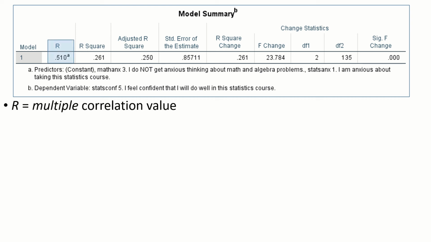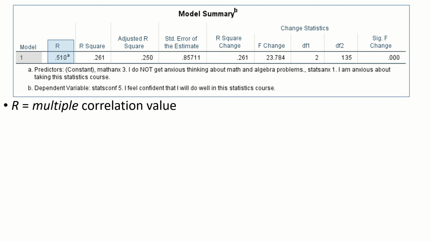So let's first take a look at the R value here. You'll notice that we no longer have a lowercase r, we have an uppercase R. Lowercase italicized r represents the bivariate relationship, that is the relationship between two continuous variables.